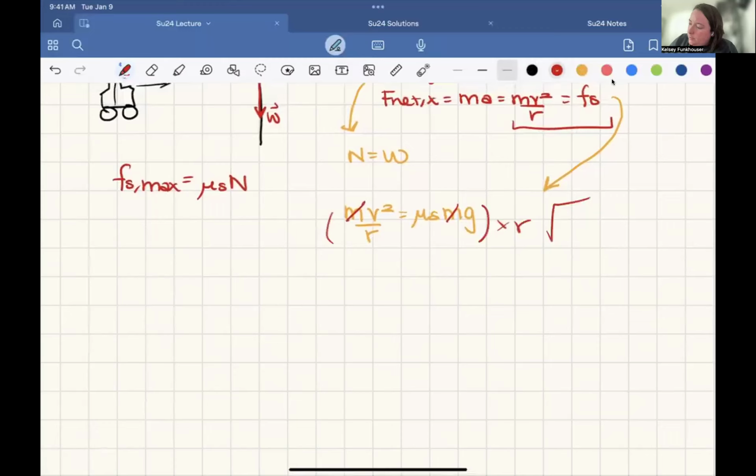So we end up with the velocity is equal to the square root of the coefficient of static friction times g times the radius. Then we can plug those in. This coefficient of static friction is just 1. g is 9.8 meters per second squared. And then the radius here is 20 meters.